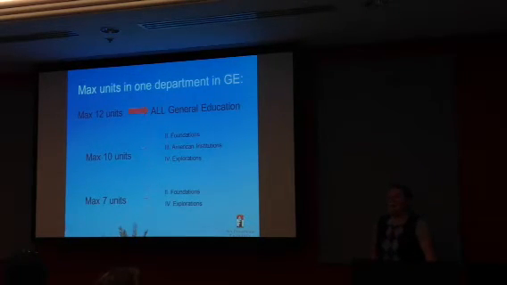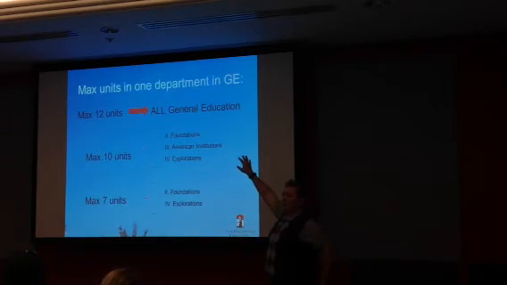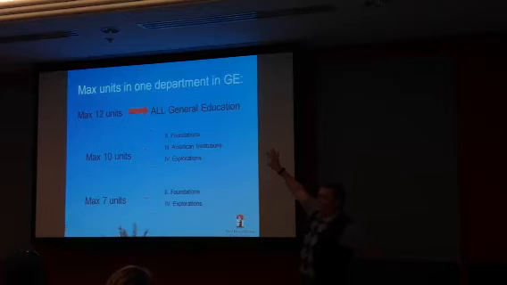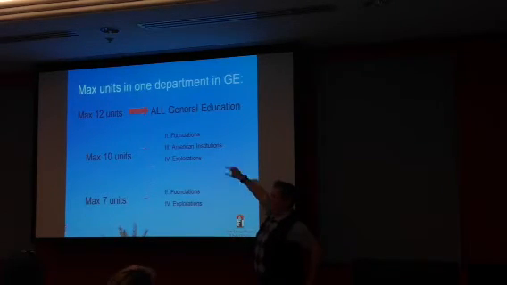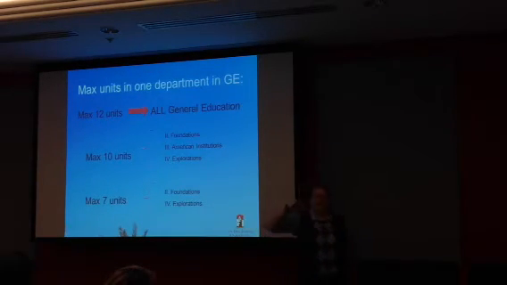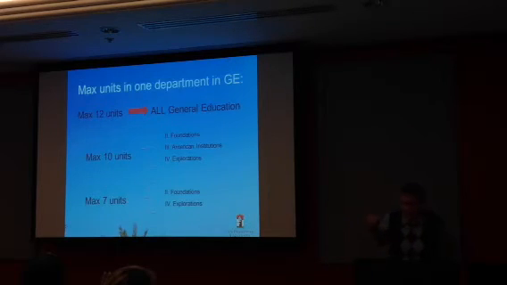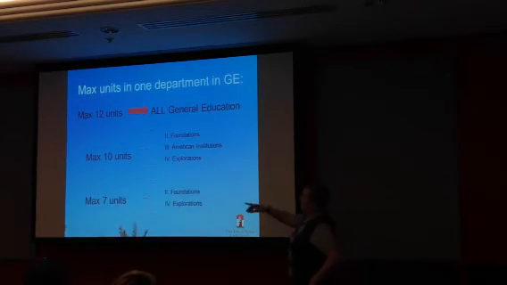How many units am I at? I'm at 12. Am I within the rules? Yeah, because it's the max 12 units, right? Now, let's say I am a psychology major, and I take an Africana Studies upper division for my GE explorations. Will it count? No. Why? I'm already above the 12.